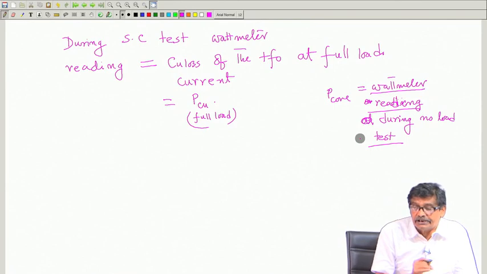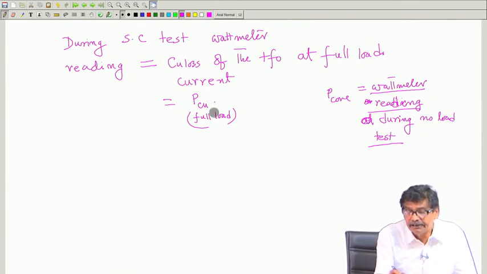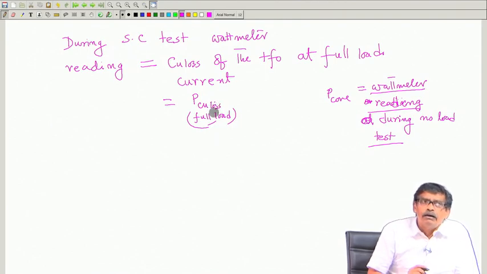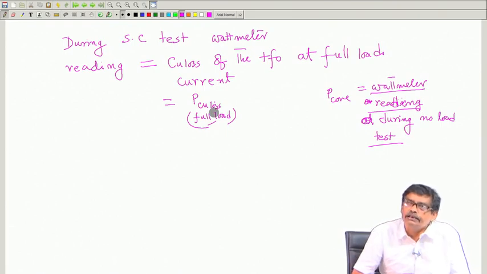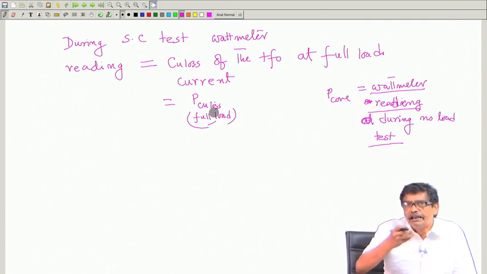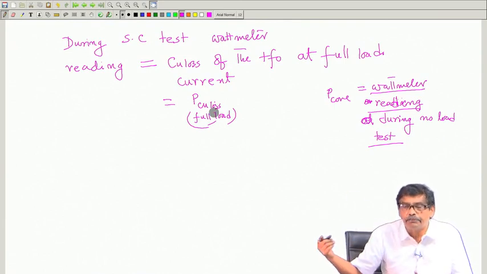As we change Z L, P core will practically remain constant. Now, the big question is, okay, this is the copper loss at full load, then what will be the copper loss when the windings will be carrying half the rated current? Because the level of the current the windings will carry depends upon what impedance we have connected on the secondary side.